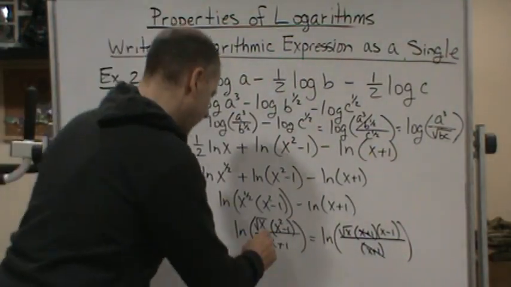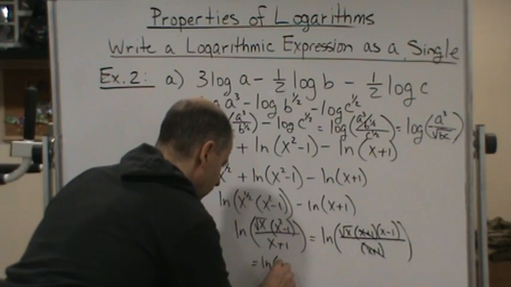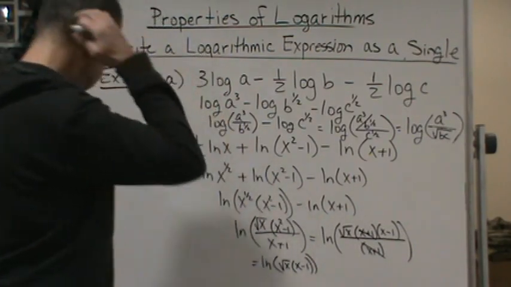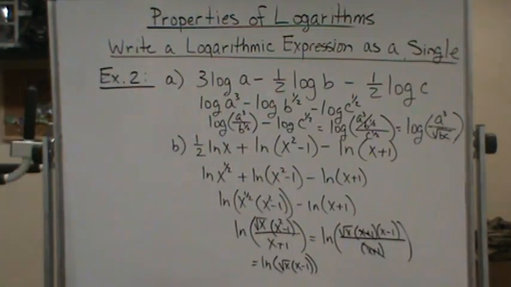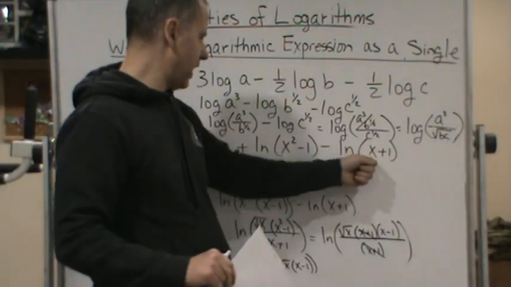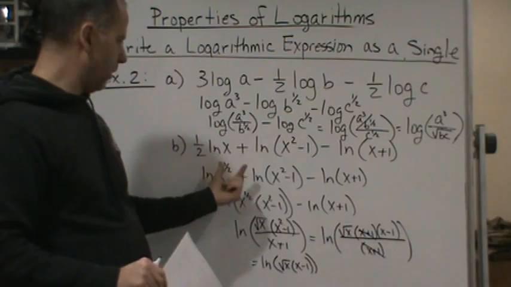And so my final answer is going to be the natural log of the square root of x times x minus 1. Now notice the domain. If you look at the domain of each one of these, remember it has to satisfy the domain of each one of these. So this one has to be greater than 0.